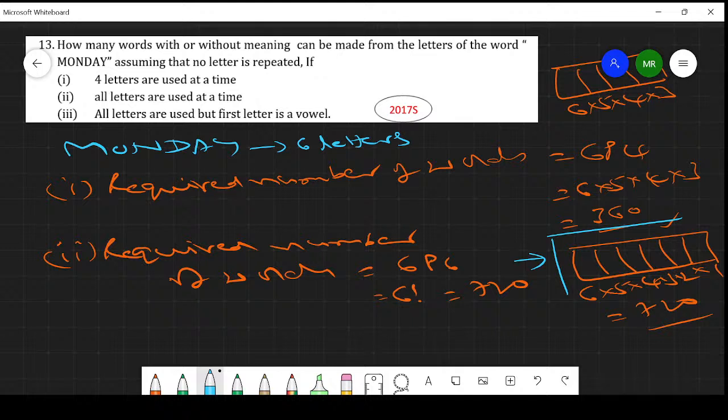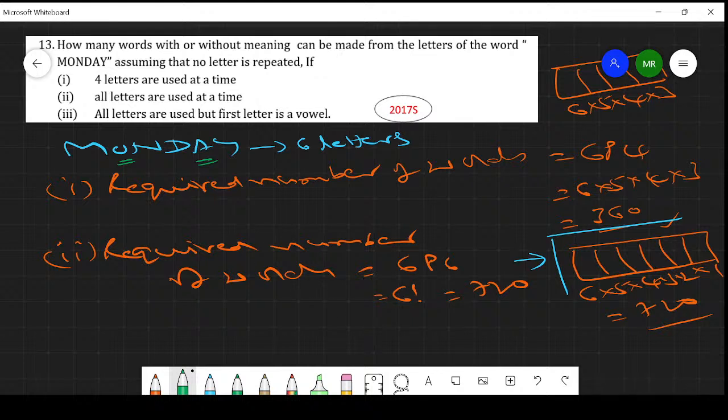Only 2 vowels we have, correct? The remaining letters are consonants.